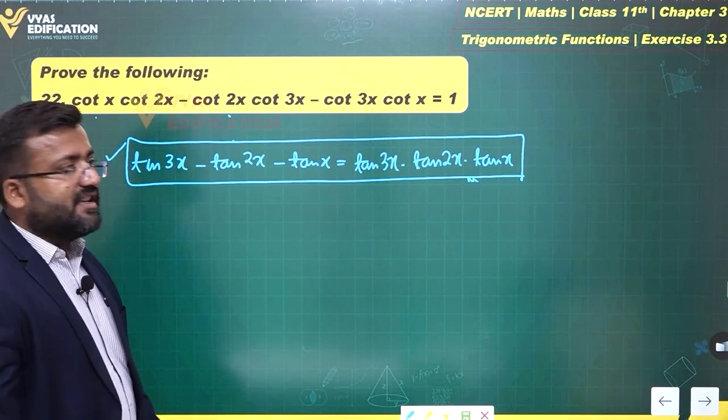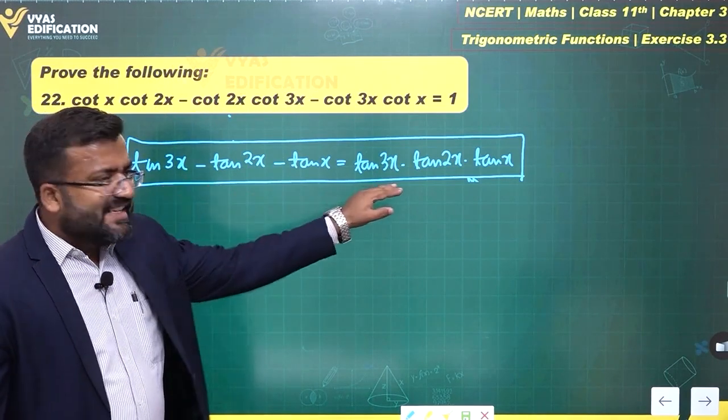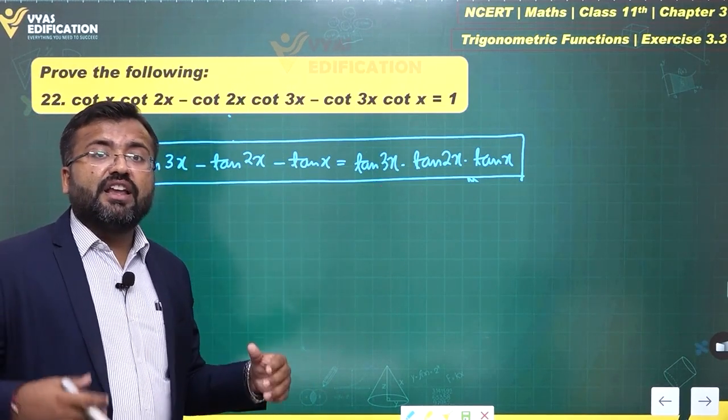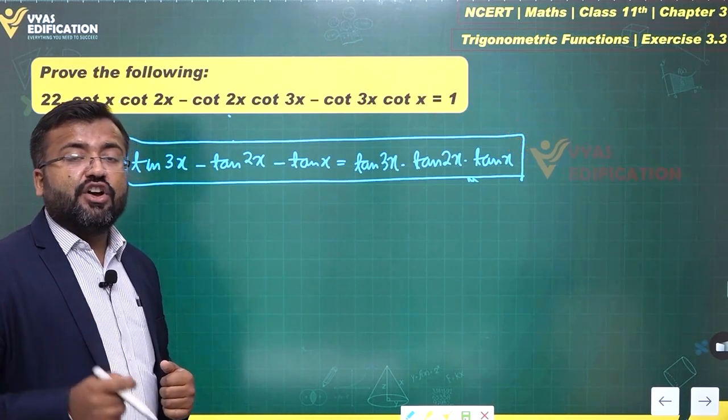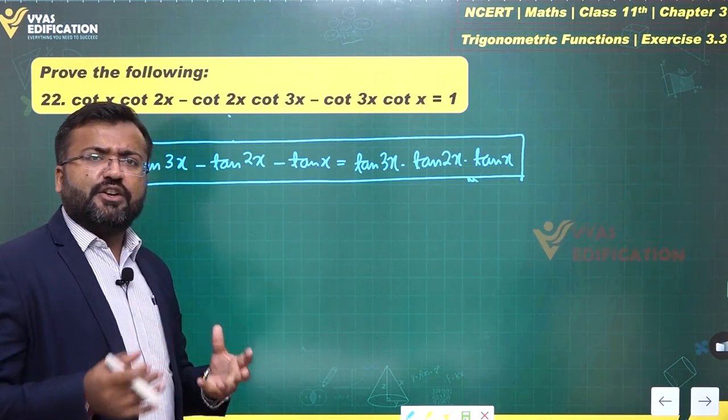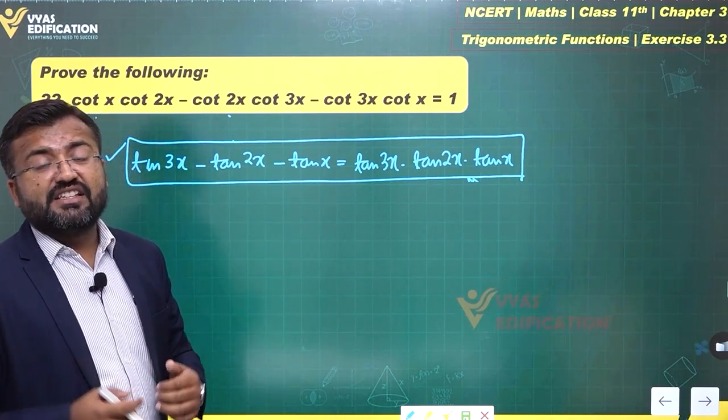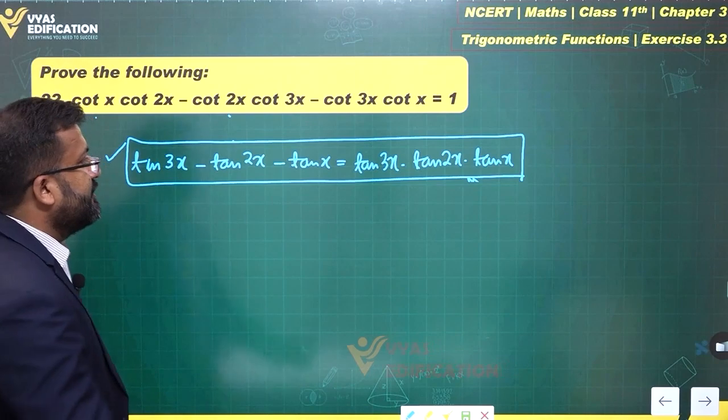You're starting from tan 3x. What I have is a result in terms of tan, and now I can apply simple transformation using conversion of tan x into cot x, tan 2x in terms of cot 2x, and tan 3x in terms of cot 3x. Let's use that result.